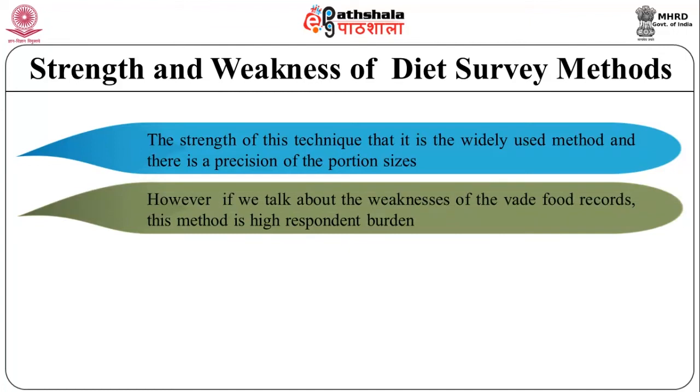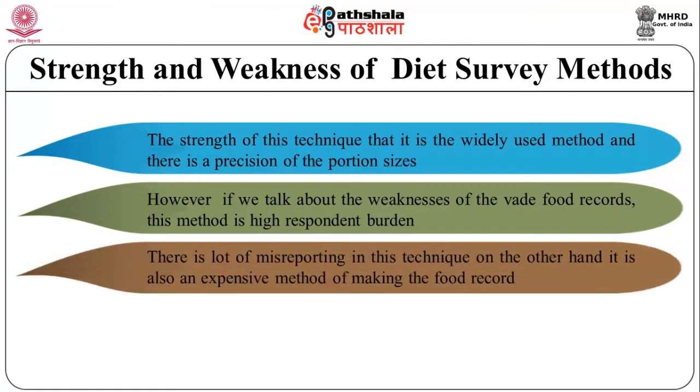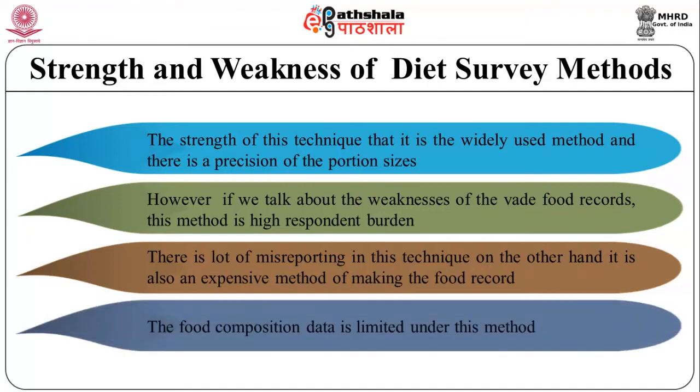However, the weaknesses of the weighed food records are that this method has a high respondent burden. There is a lot of misreporting in this technique. It is also an expensive method of making the food record. The food composition data is limited under this method.